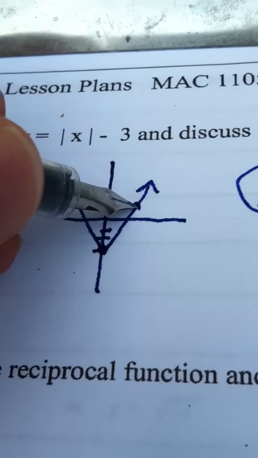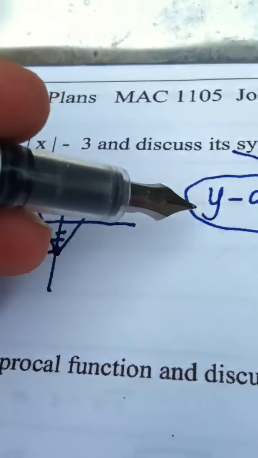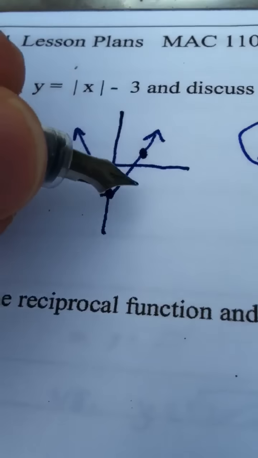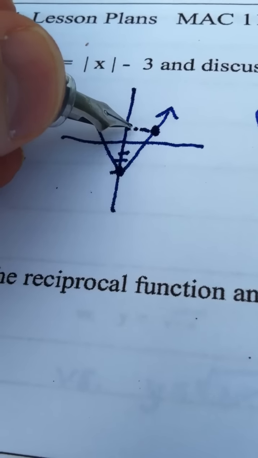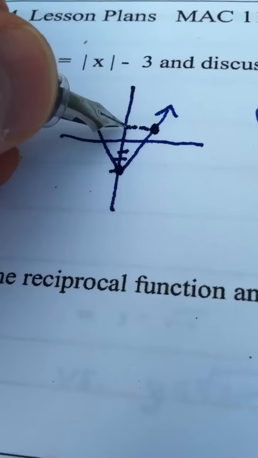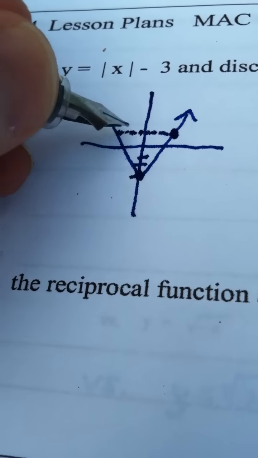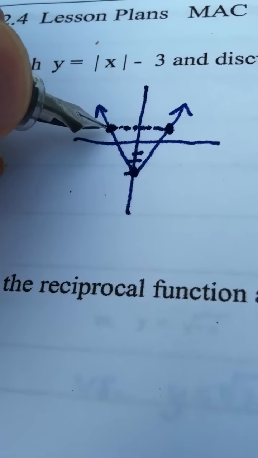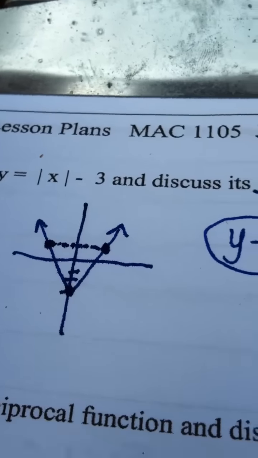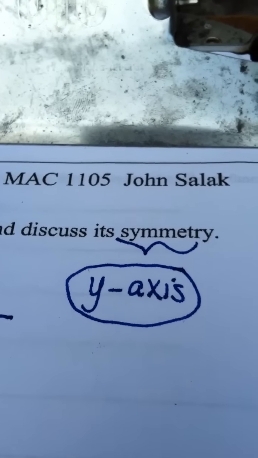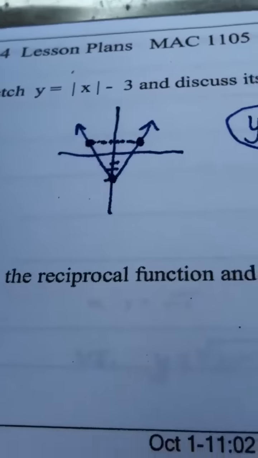If you pick a point on the curve, and you're trying to see if it's symmetric with respect to the y-axis or x-axis or origin, whichever, you walk. So I walk to the y-axis. I walk the same distance away the other direction, and yes, I find a buddy. So the buddy system is a good way to see. So the correct answer here is y-axis. We have symmetry with respect to the y-axis.